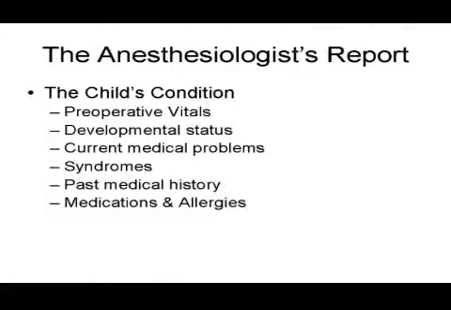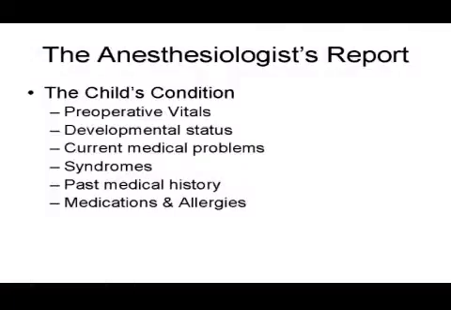The anesthesiologist, as far as telling you a bit about the patient's condition, this has to do with telling you about the pre-op vitals, developmental status, is the development delayed, what are the current medical problems, autism, diabetes, mental retardation. You don't see that much hypertension, but in a renal patient, hypertension, what kind of syndromes the patient has.